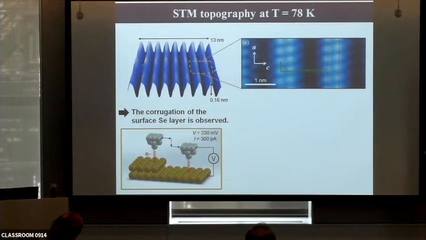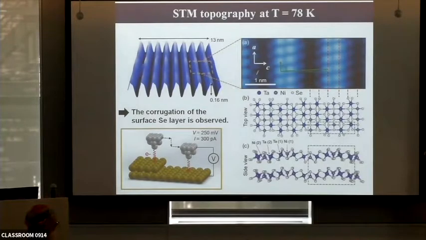When you zoom in on a certain area in the STM topography, the clear atomic arrangement is visible. Here, the selenium atoms are aligned along the red dotted line, which is along the a-axis. The bright color and dark color represent the high line and low line selenium atoms respectively. Here we observe the monoclinic angle, which is consistent with the previous crystallographic measurement.